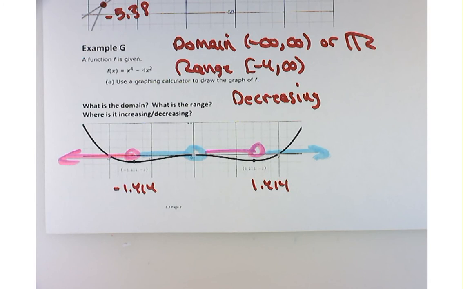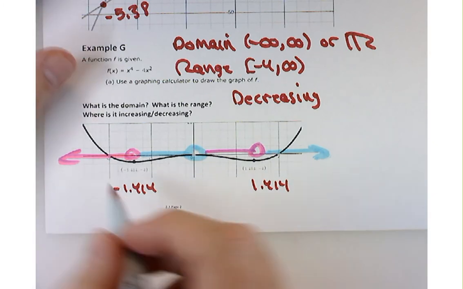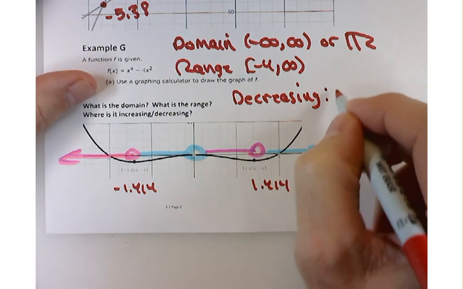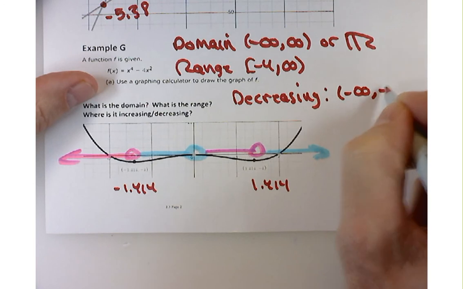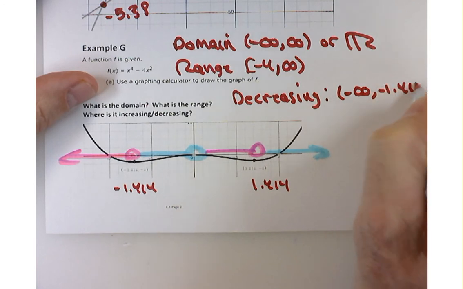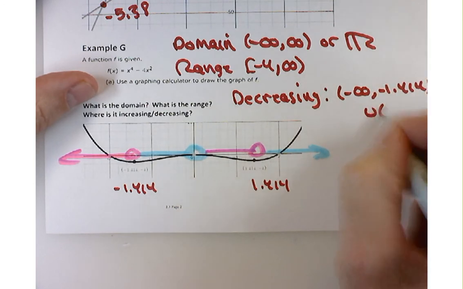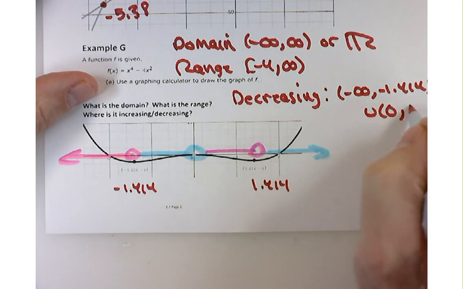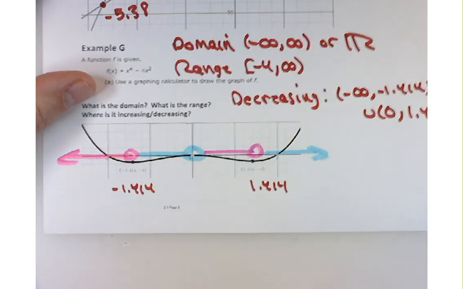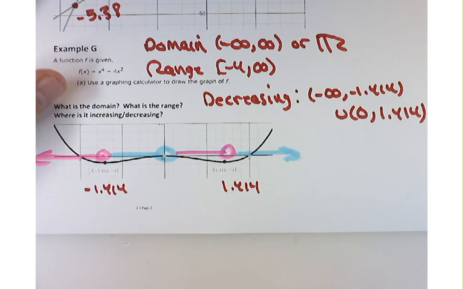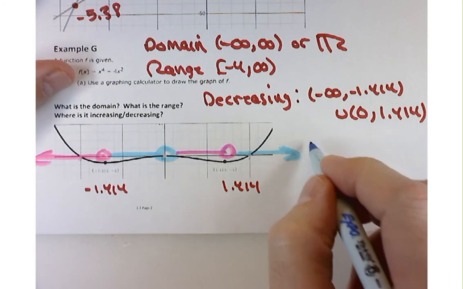But as far as decreasing is concerned, it's decreasing from negative infinity to negative 1.414 union 0 to 1.414. That's where it's decreasing. And as far as increasing, it's just going to be filling in the gaps there.